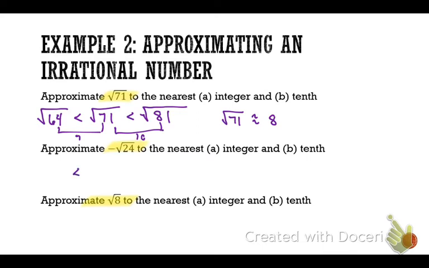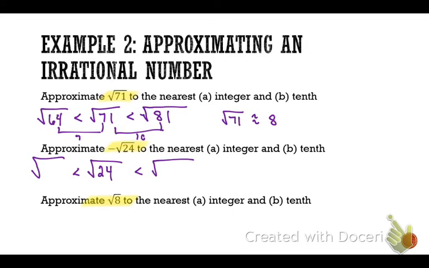Again, this is practice for us. You might know this answer without showing the work, because this one's pretty close to one of the perfect squares. But let's still show the work so we can get the practice in. I want you to try this before I tell you.